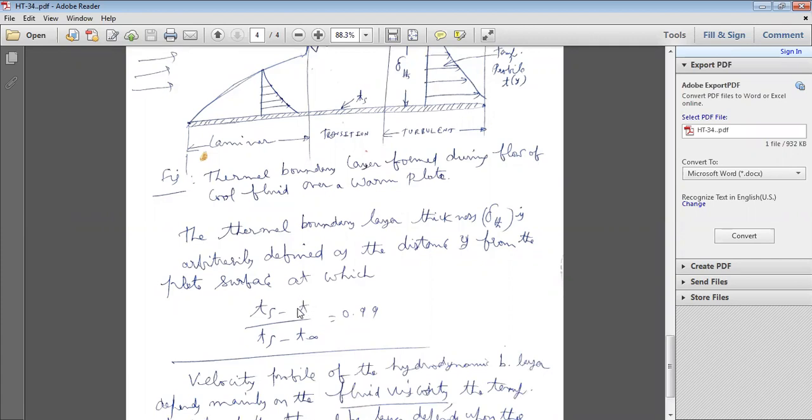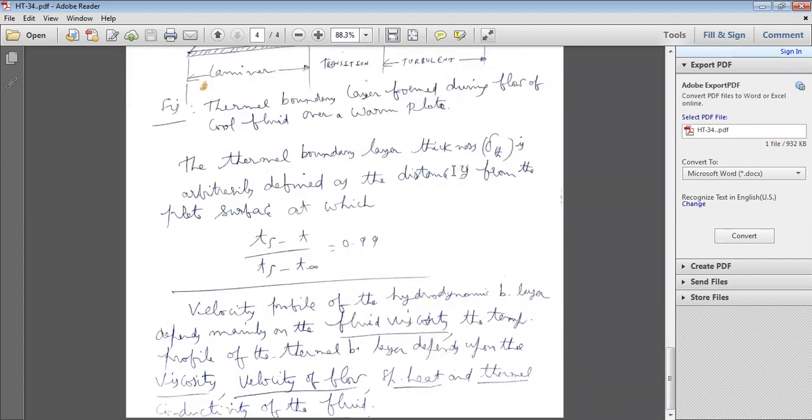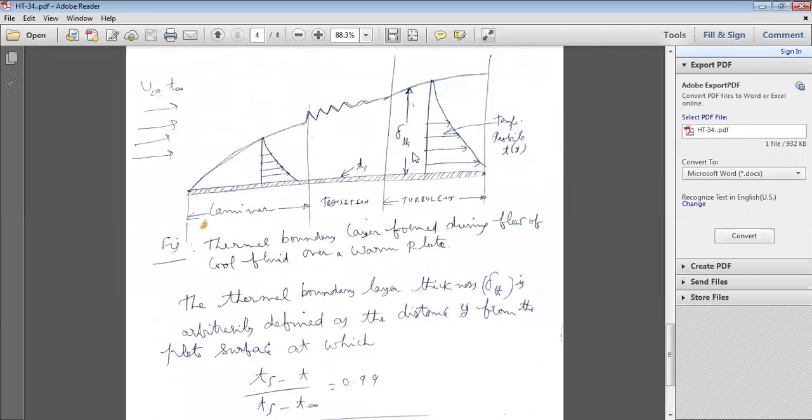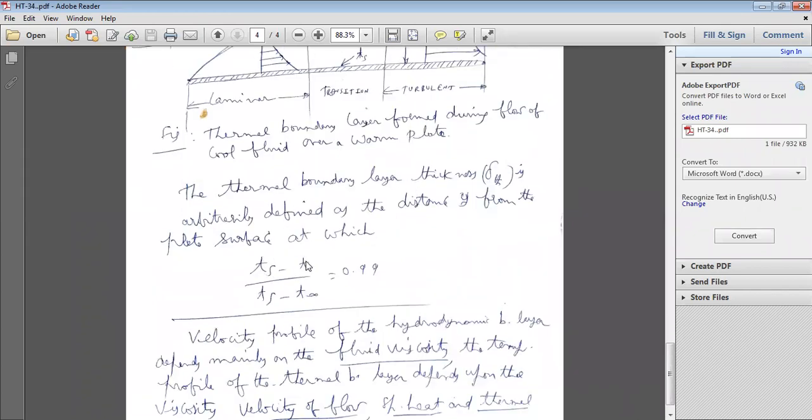So at any value of temperature T, what is the boundary layer thickness? That is delta Th. The thermal boundary layer delta Th is arbitrarily defined as the distance y from the plate surface in such a way that (Ts minus T) divided by (Ts minus T free stream) is equal to 0.99. They found this value by conducting a number of experiments.